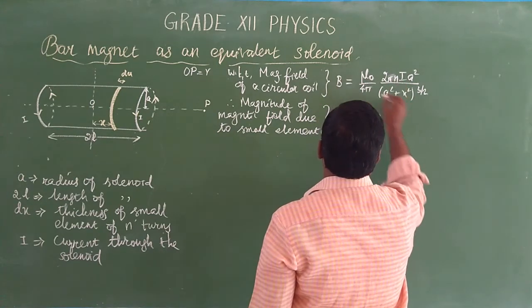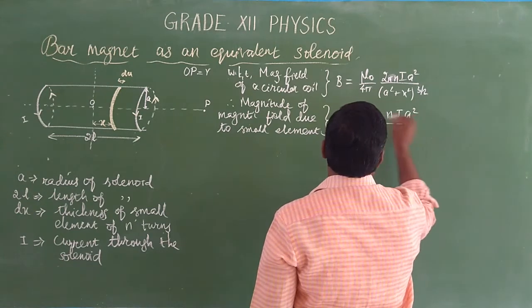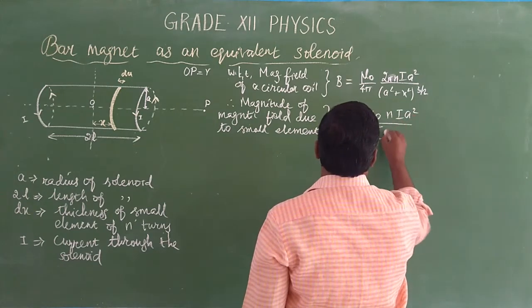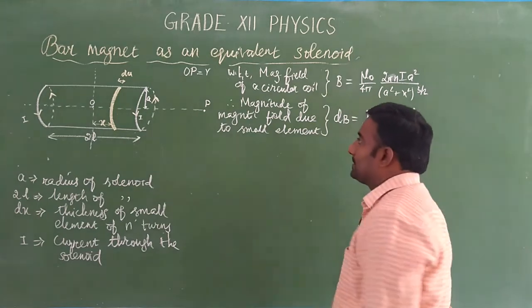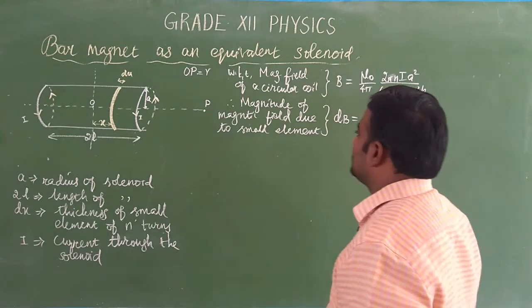So 2 pi and 4 pi cancel, you will get 2. So mu naught N i A square divided by 2 into A square plus x square.